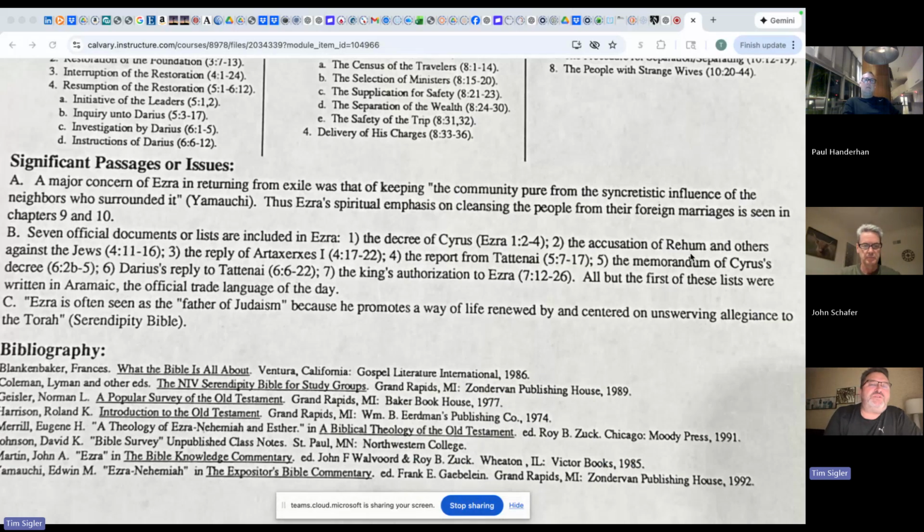A major concern of Ezra in returning from exile was that of keeping the community pure from the syncretistic influence of the neighbors who surrounded it. So writes Edwin Yamauchi in his commentary on Ezra Nehemiah in the Expositor's Bible Commentary.